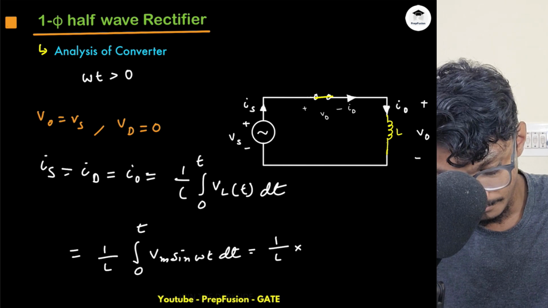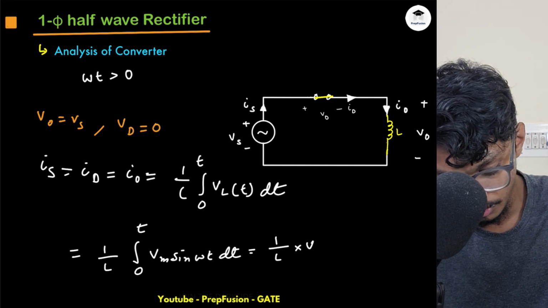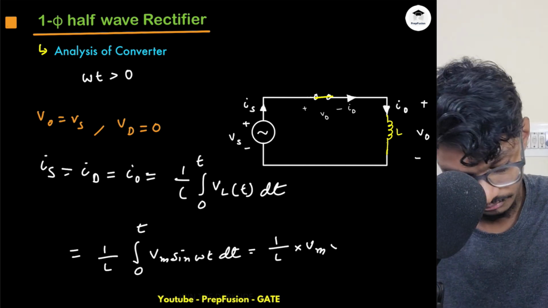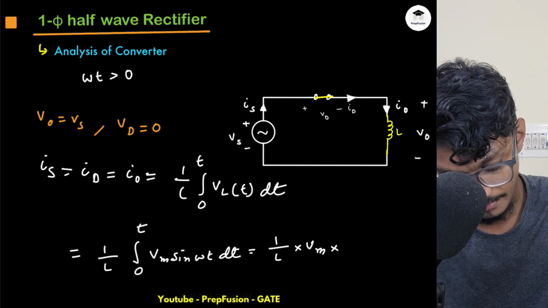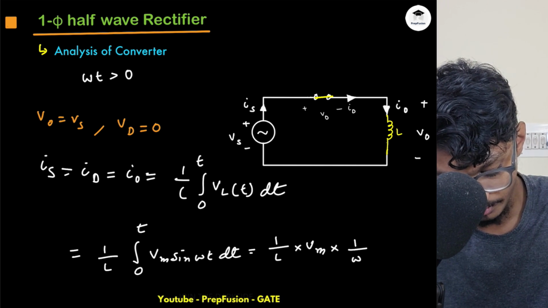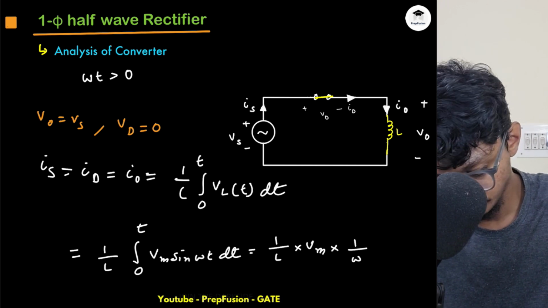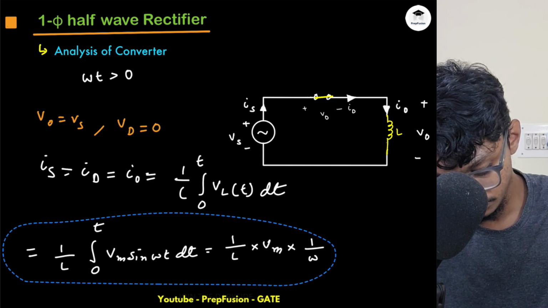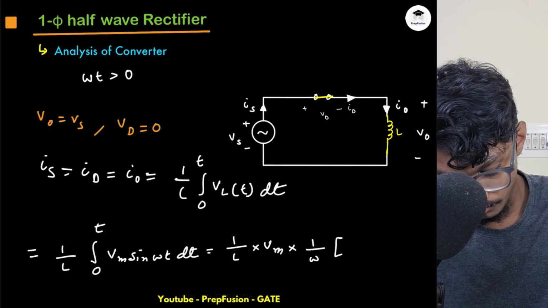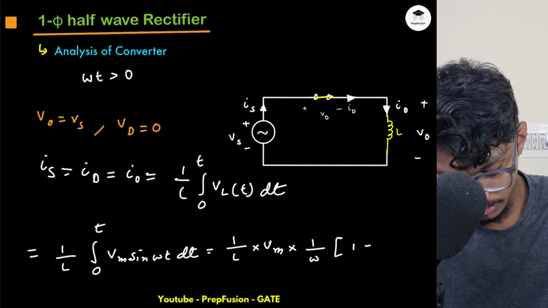So this will be 1 by L into Vm into 1 by omega, and this value will be 1 minus cos omega t.